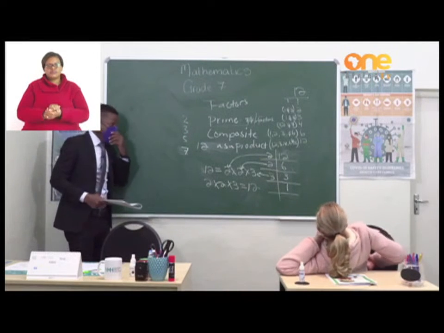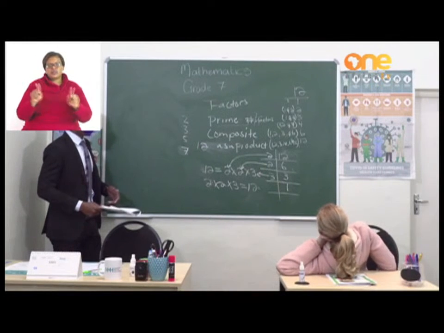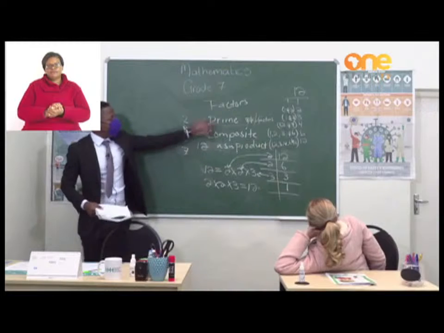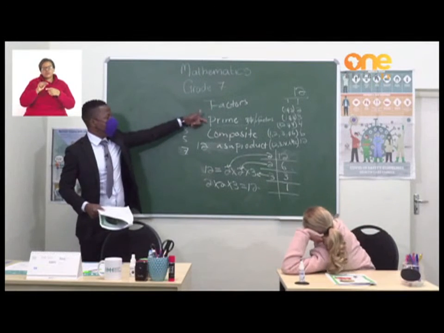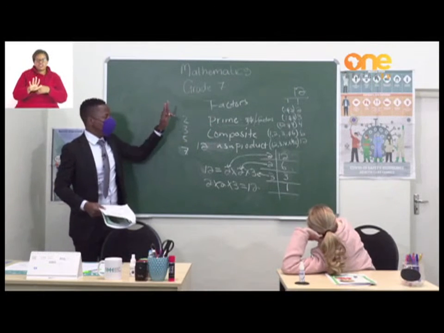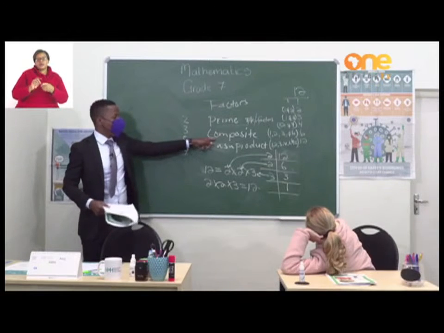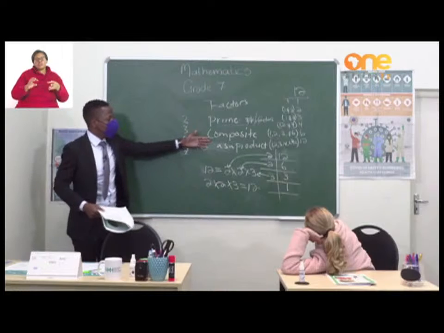And that is how you write a number as a product of its prime factors. Factors is a number that goes into a number without leaving a remainder. A prime number, a prime factor, has got 2 factors, one and itself. Composite number, a number with more than 2 factors.